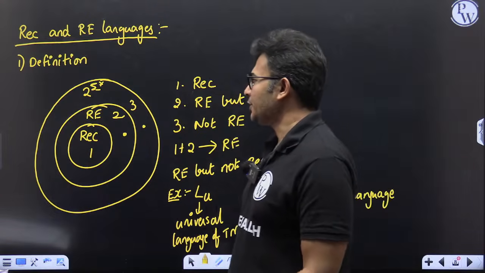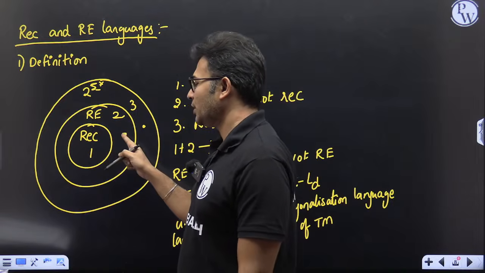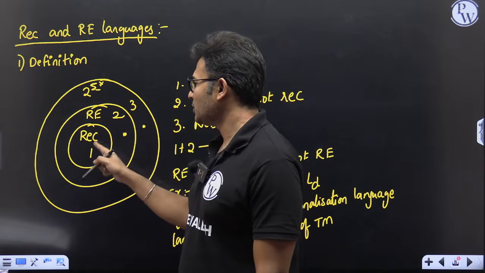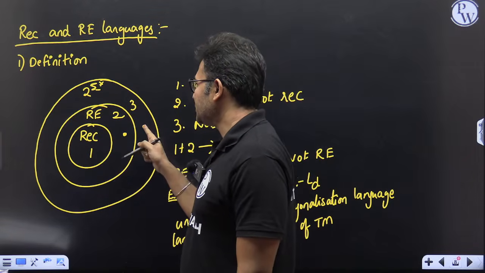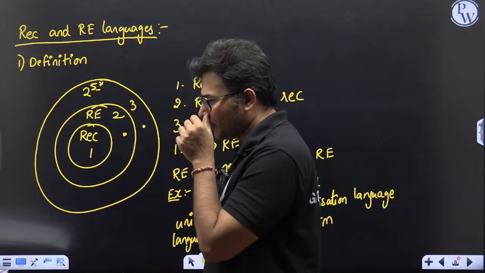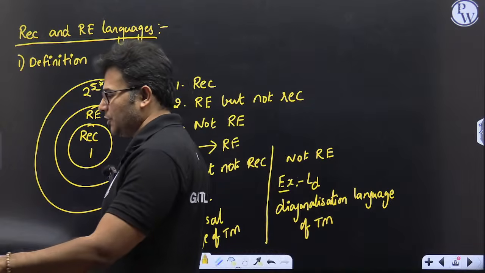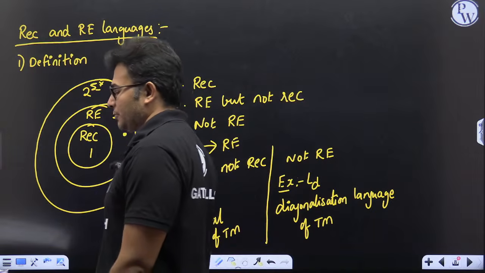That is sufficient. We are able to show a language which is recursively enumerable but not recursive, and a language which is not recursively enumerable.